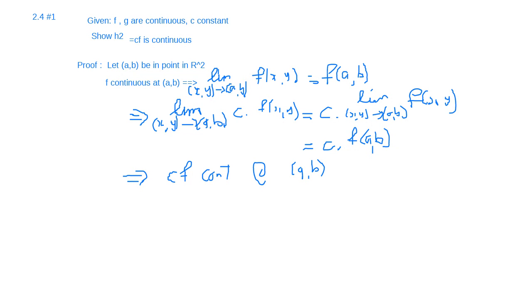For example, if you have a function that is defined by a quotient of two polynomials, then the domain of that function will exclude any points where the denominator is zero. And at those points the function cannot be continuous because the function value doesn't even exist. The limit may exist, but it cannot be equal to the function value because that point is not in the domain of the function.